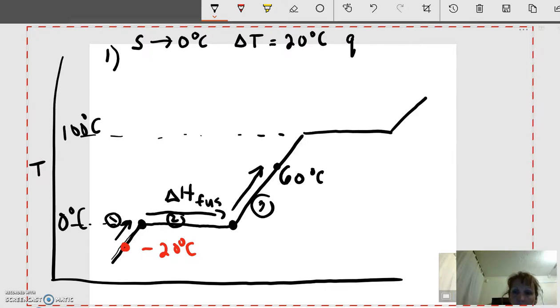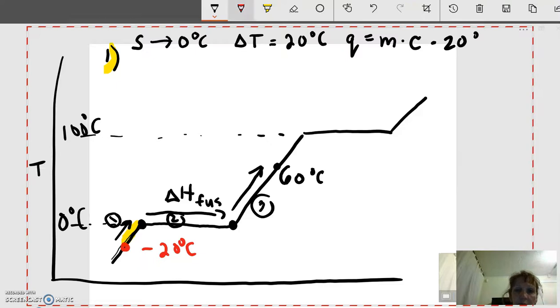Well, that requires a Q calculation. The mass of the ice times C of the ice, you'll be given that value, times the change in temperature, which we're going to put in as 20 degrees. So you'll get a Q value for this portion of the graph. I can highlight it for you if you like, right here. So that's calculation 1, okay? It will be in joules.